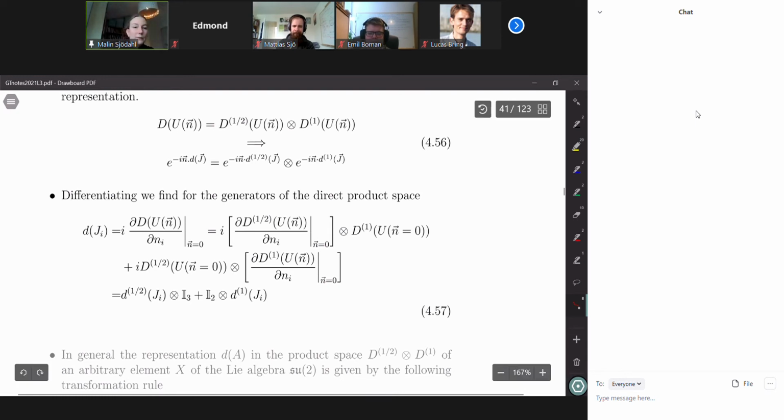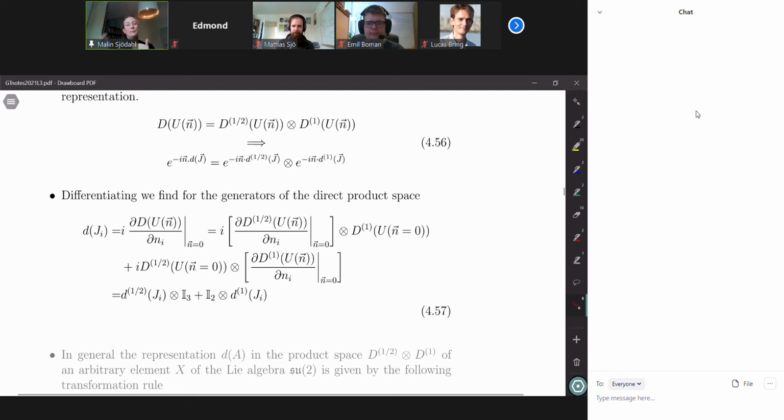So this derivative here is then i, the 1/2, the ni, so this guy, times D1 of u, but evaluated at n equal to 0 because we take the derivative at x equal to 0, or in this case n equal to 0.